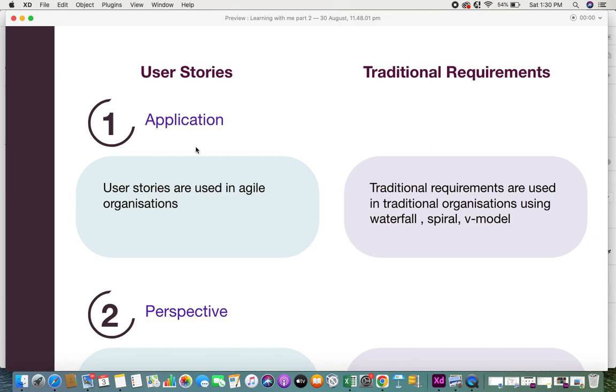And as I said in the beginning, traditional requirements are used in traditional organizations using the waterfall, spiral, V model, etc. But according to the latest studies and modern trends, some say that even the traditional companies are also seeing the benefits of these user stories, and they are slowly incorporating them into their methodologies. So this can be very important to understand.